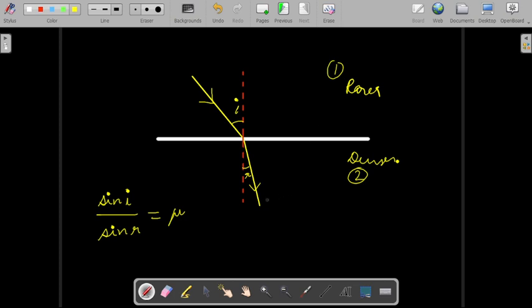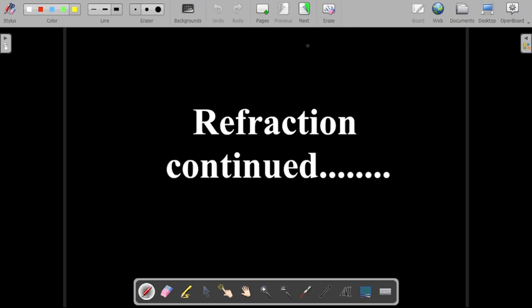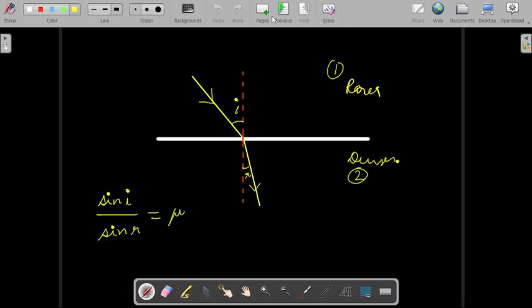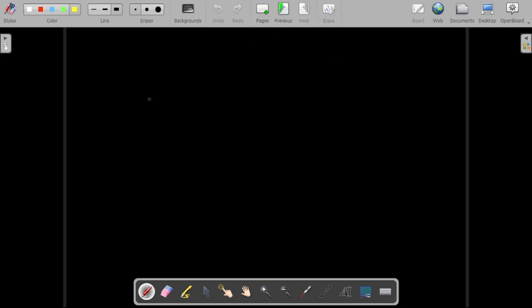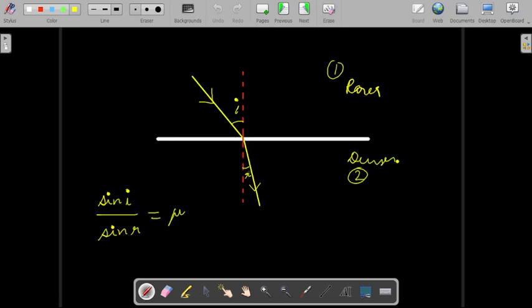Moving further, this refractive index could also be expressed in terms of the speed of light. How? The change in the angle of refraction, when a ray goes from rarer to denser medium, happens only because of the change in velocity of light due to the change in the medium.